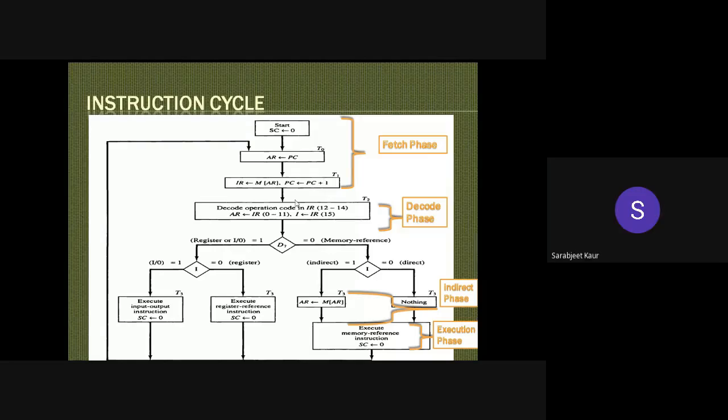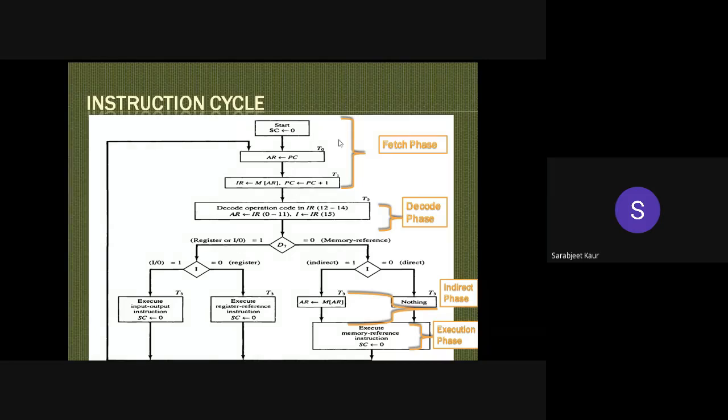Let us do this again. We first set our sequence counter to 0 so that the time signal generated is T0, and then I go looking for the address of the next instruction to be executed. I get that in the program counter. From the program counter, I need to transfer it to the AR, because AR is the register designated to hold the address for interfacing with the main memory.